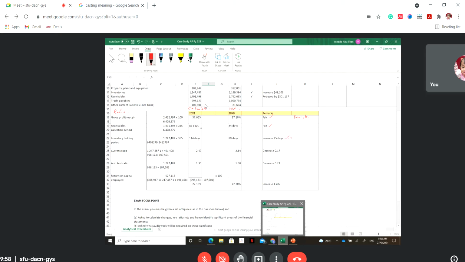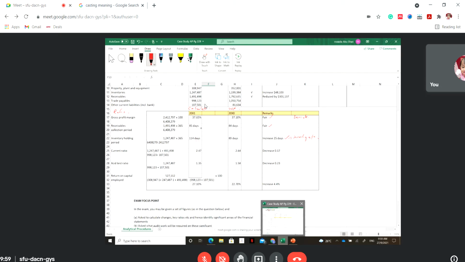This is quite a huge change, so it needs investigation. This is the deviation from the previous result. If it were 89 to 90, it would be considered fair, but if the change is quite huge or fluctuates drastically, you have to investigate.